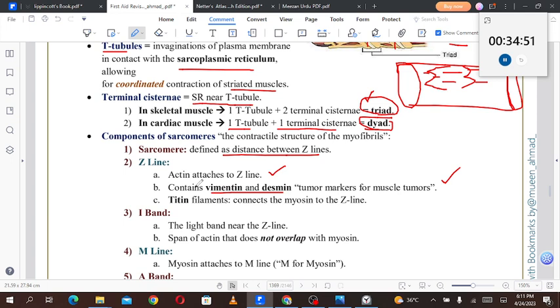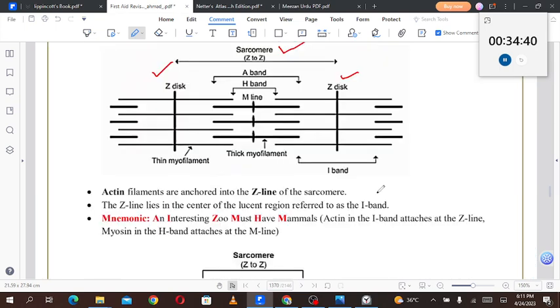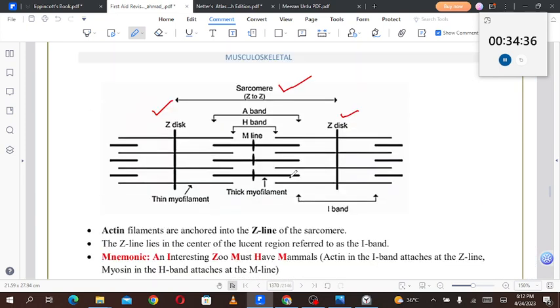The titin filament connects the myosin to the Z line. So let's see these structures. The thin lines are actin filaments. Here you can see the thin line that is actin, attached to the Z line, which contains vimentin and desmin.